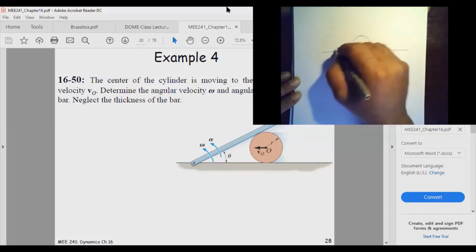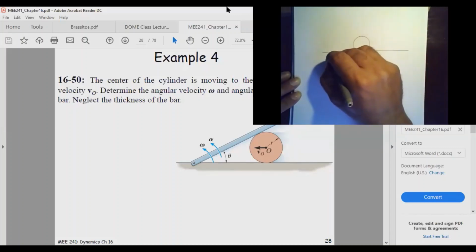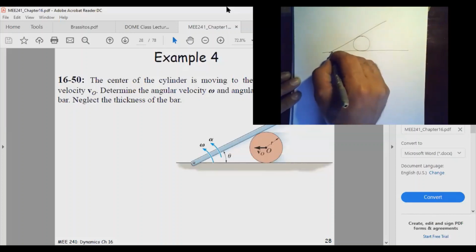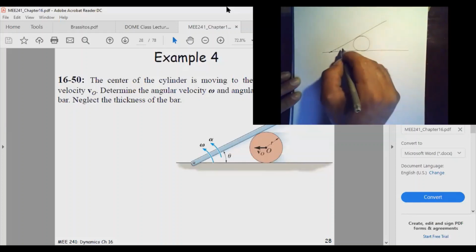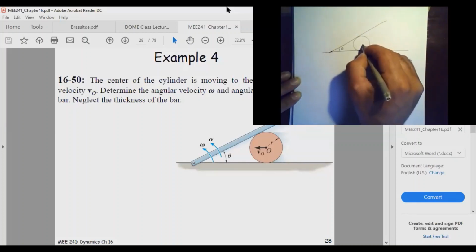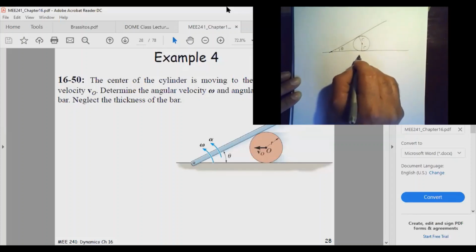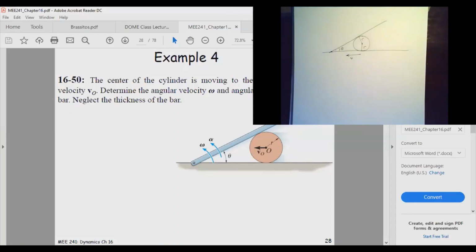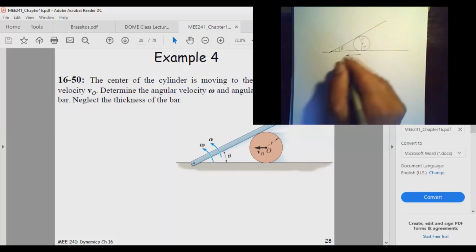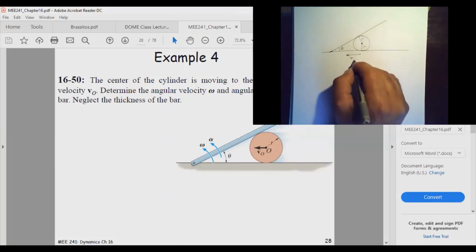So this is your wheel, and the wheel is rolling, and then this guy is hinged, right? And then this angle right here is theta, and the wheel has a radius of r. They also tell us that the wheel has a velocity of VO. Point O has a velocity VO.